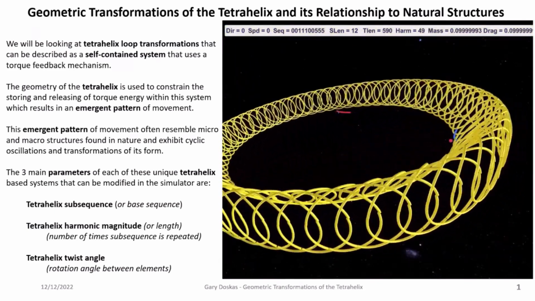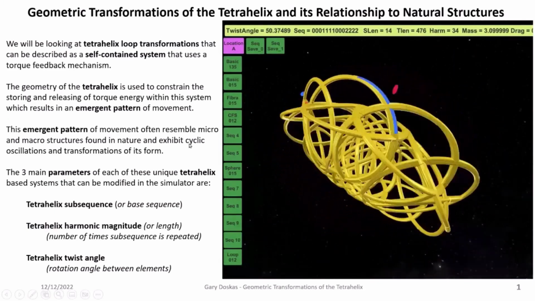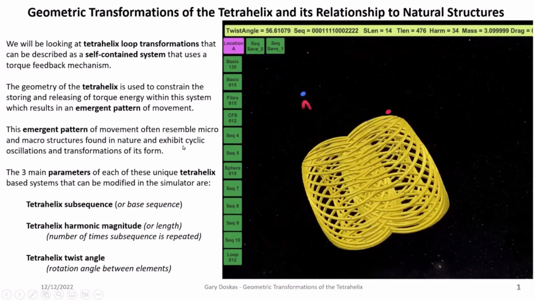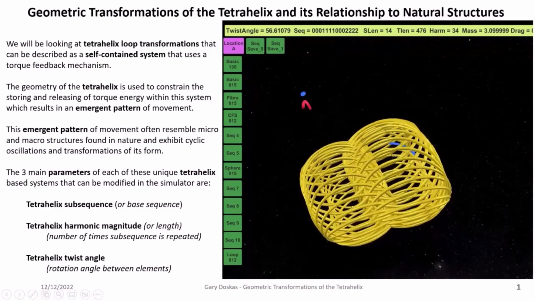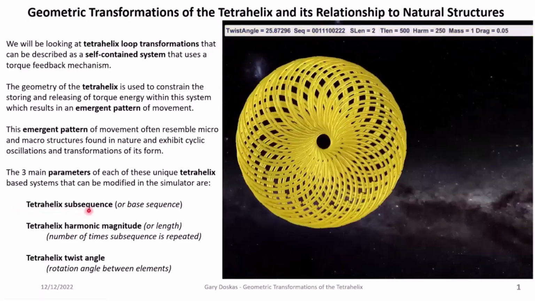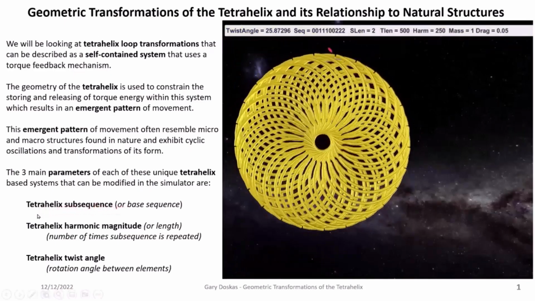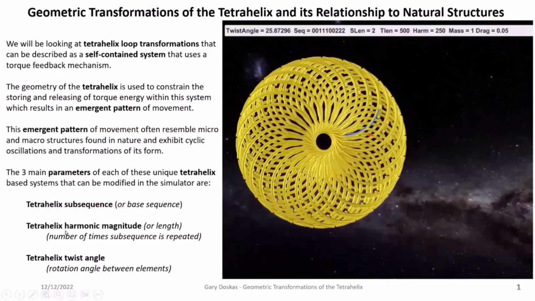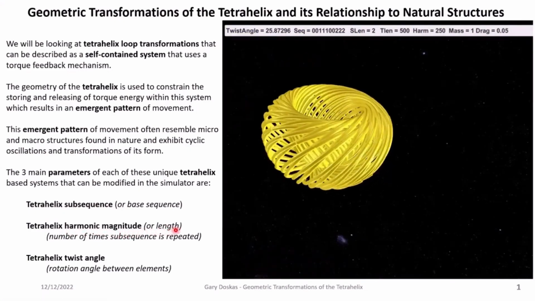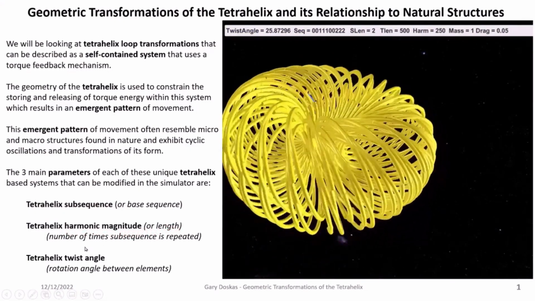and exhibit cyclic oscillations and transformations of its form. The three main parameters for each of these unique Tetrahelix-based systems that could be modified in a simulator are the following. There's the Tetrahelix subsequence itself, or the base subsequence. There's the magnitude of the harmonic of the Tetrahelix, or its length, the number of times that the subsequence is repeated.